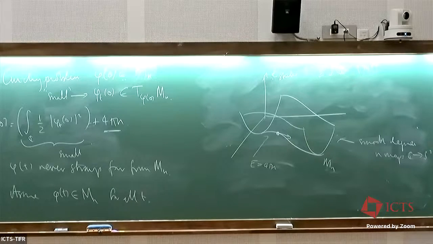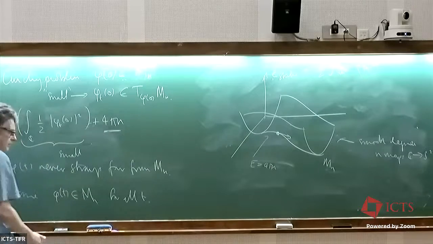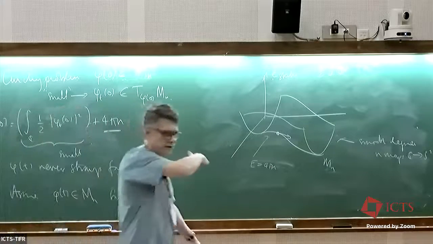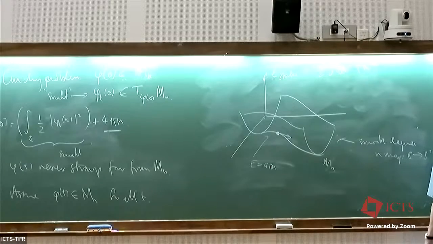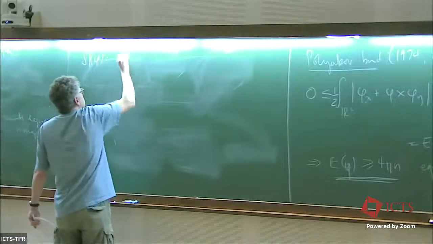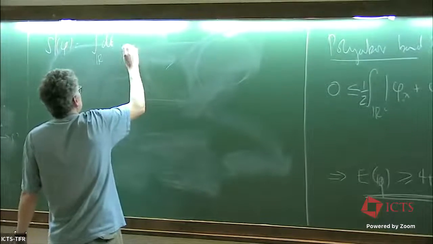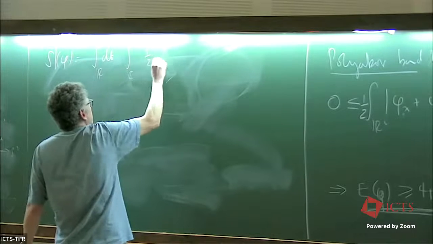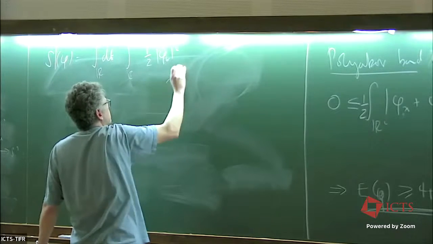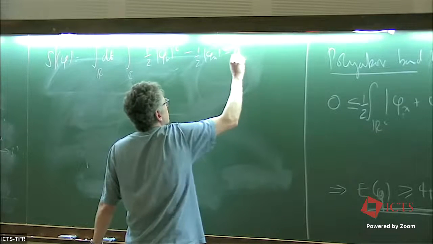Okay, so how do we get dynamics in this approximation? Well, we take a field of this form and then we substitute it into the action which defined the original field. So that's the integral over time of the integral over space of 1/2 phi t squared minus 1/2 phi x squared minus 1/2 phi y squared.